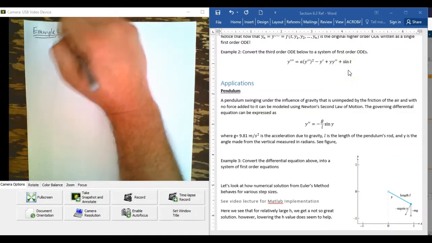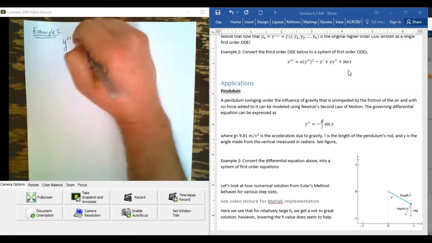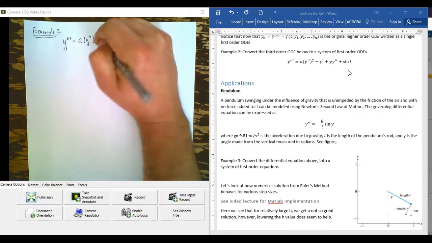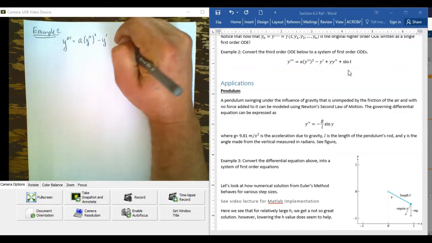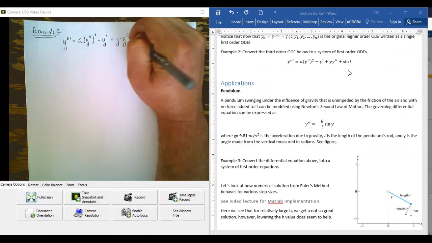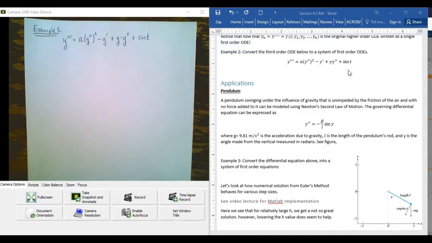Okay? So we have a third order ODE. It's because it deals with the third derivative. It's equal to a times the second derivative of y squared minus the first derivative plus y times the second derivative plus this term involving t. Okay?